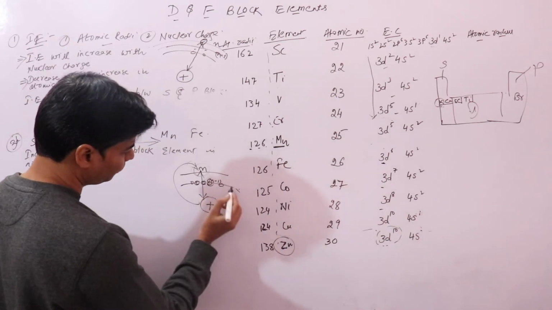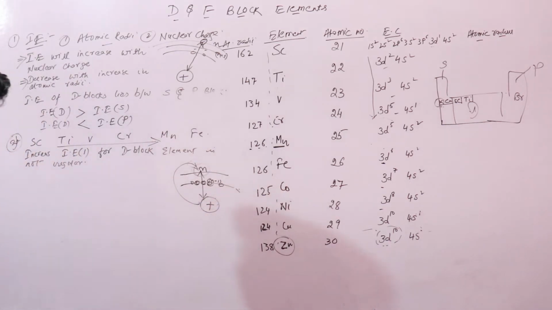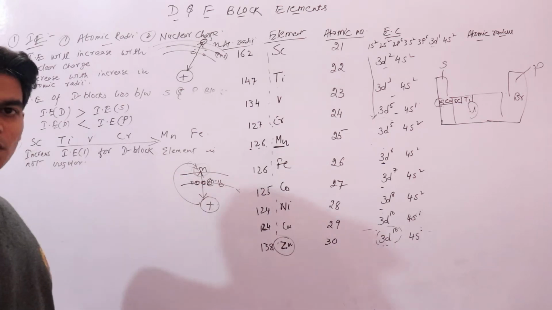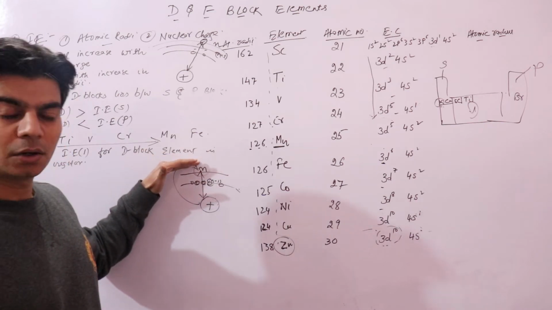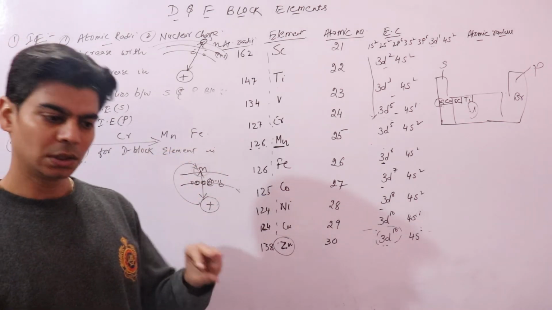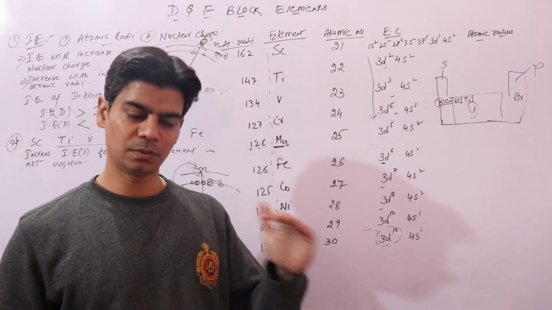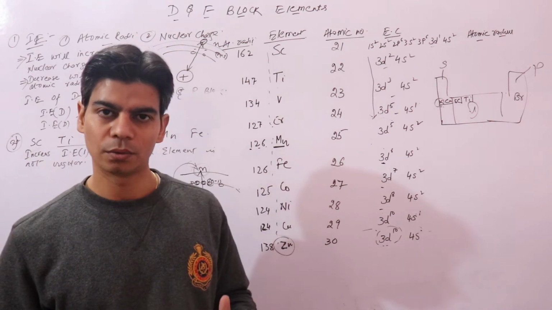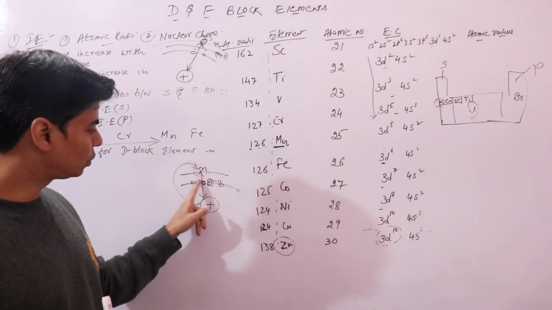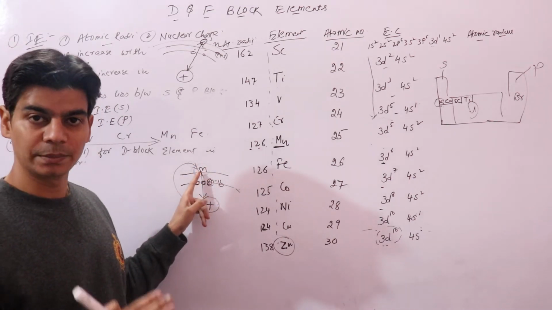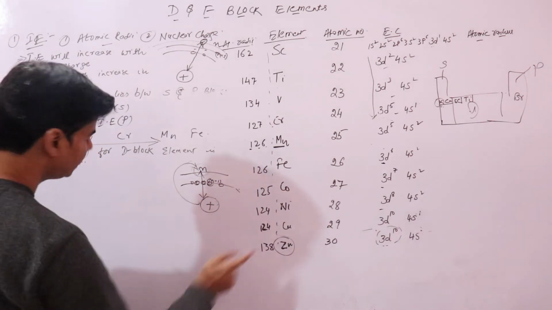So what is causing this? The presence of these d electrons in the penultimate shell. The d electrons cause a screening or shielding effect that decreases the force on the valence shell or outermost shell electrons, due to which the increase in ionization enthalpy or ionization energy is slow, because now you have to give less and less energy to remove the outermost electron. That means your ionization energy is decreasing due to the presence of these d electrons.